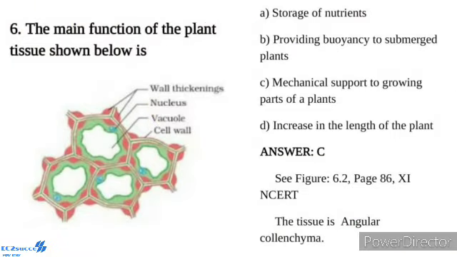Sixth question. The main function of the plant tissue shown below is. The diagram shows angular collenchyma. The collenchyma occurs in layers below the epidermis in dicotyledonous plants. It is found either as a homogeneous layer or in patches.